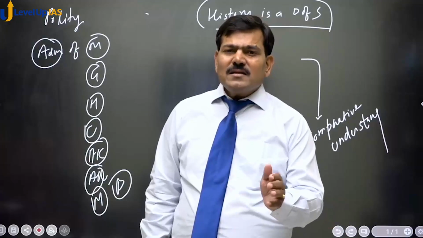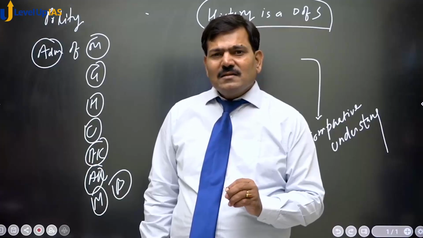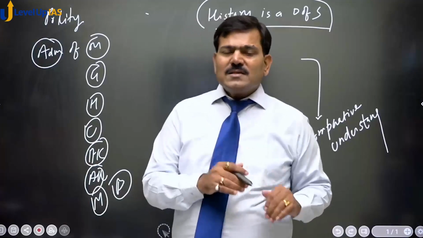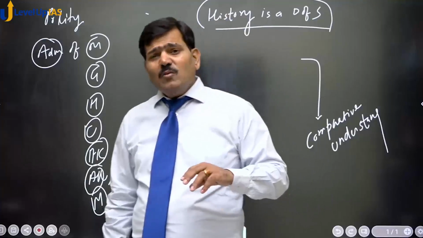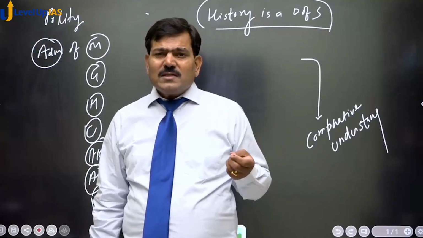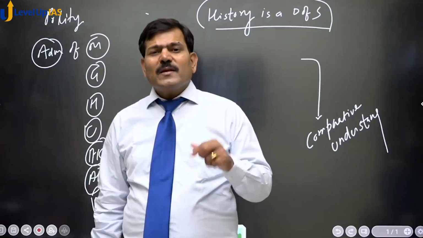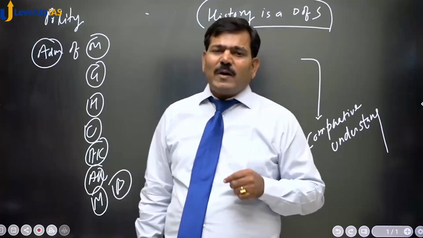In the 1919 Act, the constitution says that the center will share its power with the states. But how many departments will be given to the state will be decided by the center. And if the center thinks otherwise, they can take their power back.